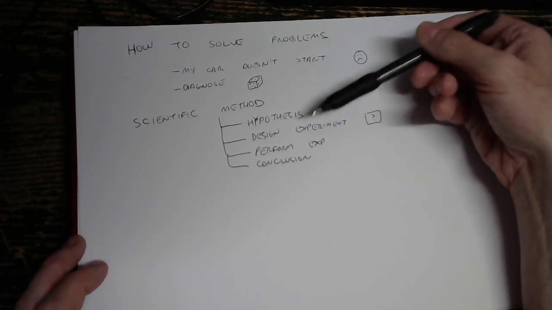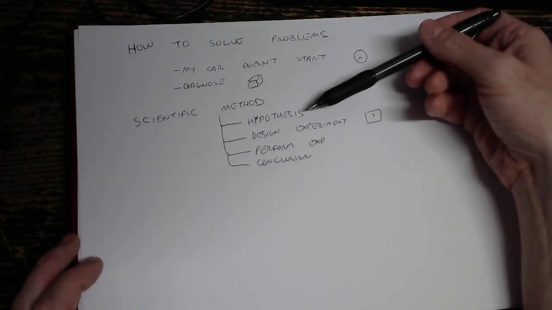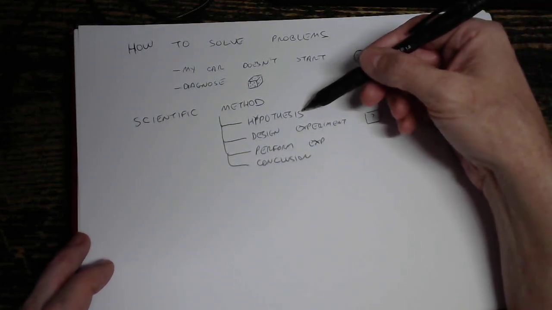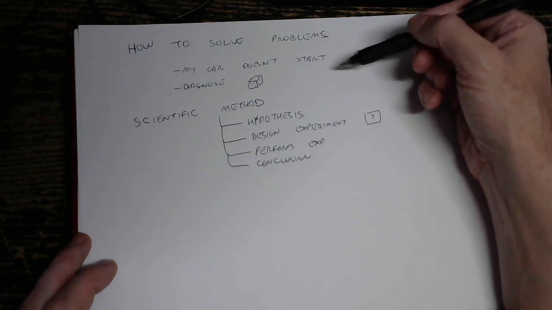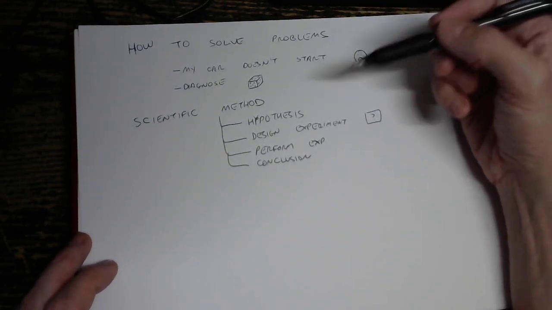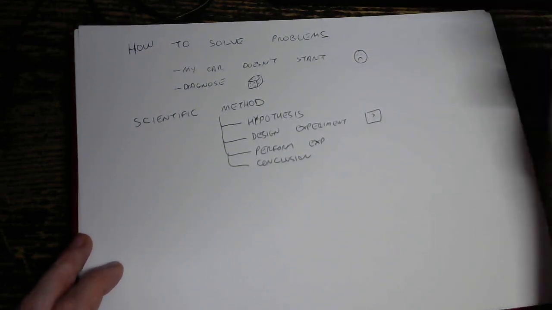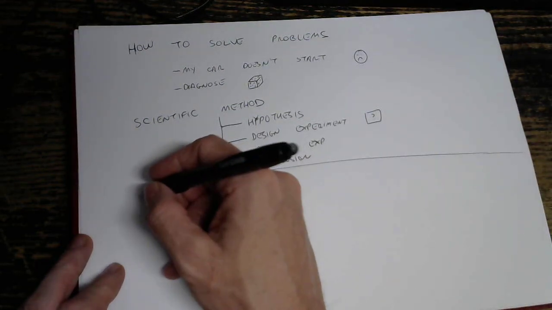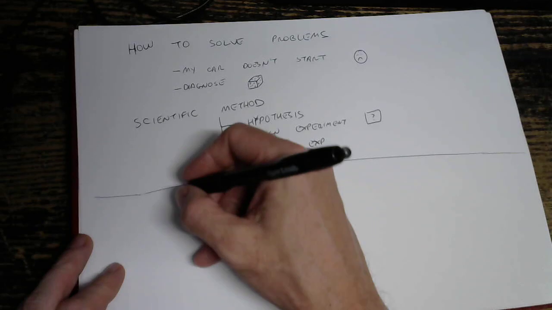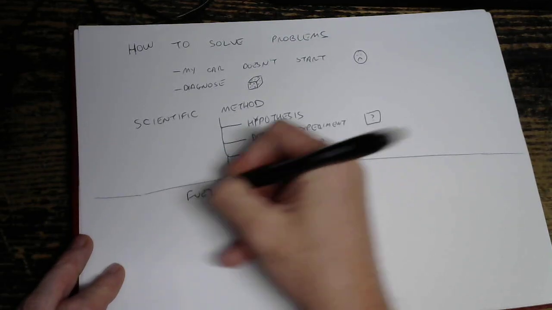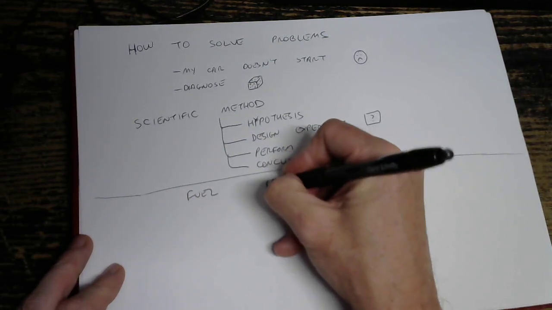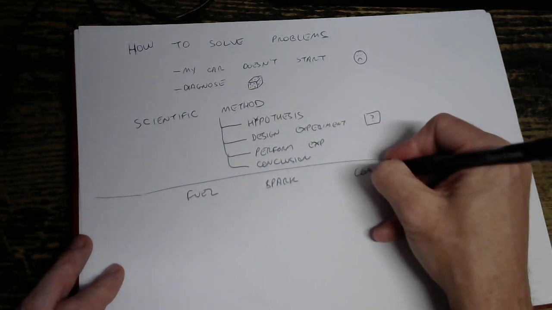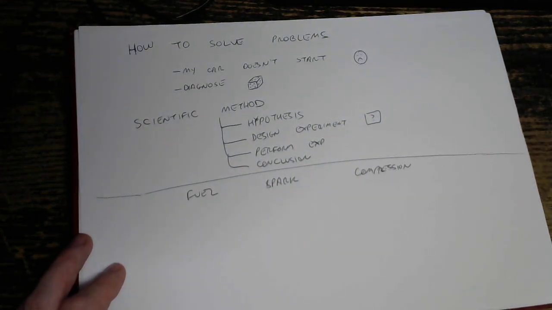So if you can't think up an exhaustive set of hypotheses that explain why it doesn't start, you can do it the opposite way around, which is, what does a car need to start? My father told me when I was a lot younger that an engine only needs fuel, spark, and compression.